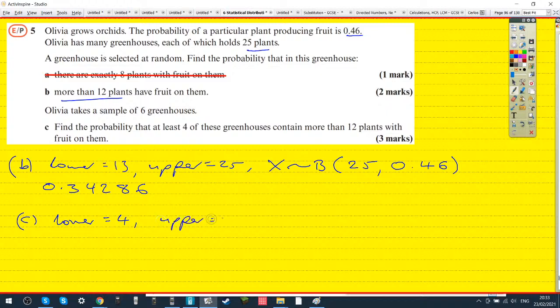And then do you guess the upper? Oh, upper is 6. For the previous one, I just wrote X is binomially distributed, 25 trials, probability 0.46. This one, Y is binomially distributed, number of trials is 6. What's the probability?